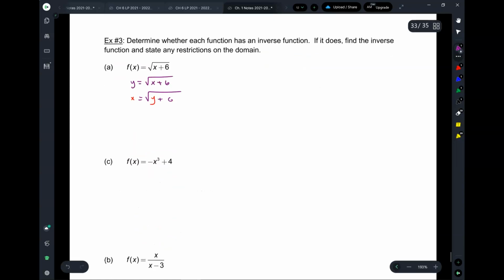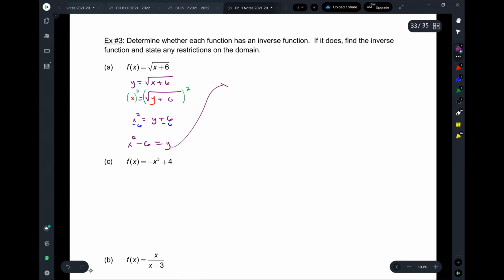Okay, so to solve for y, I need to square both sides. So I get x squared is y plus 6. Subtract 6. So I get x squared minus 6 is equal to y. But now I can't leave it as y because this is the inverse function, right?